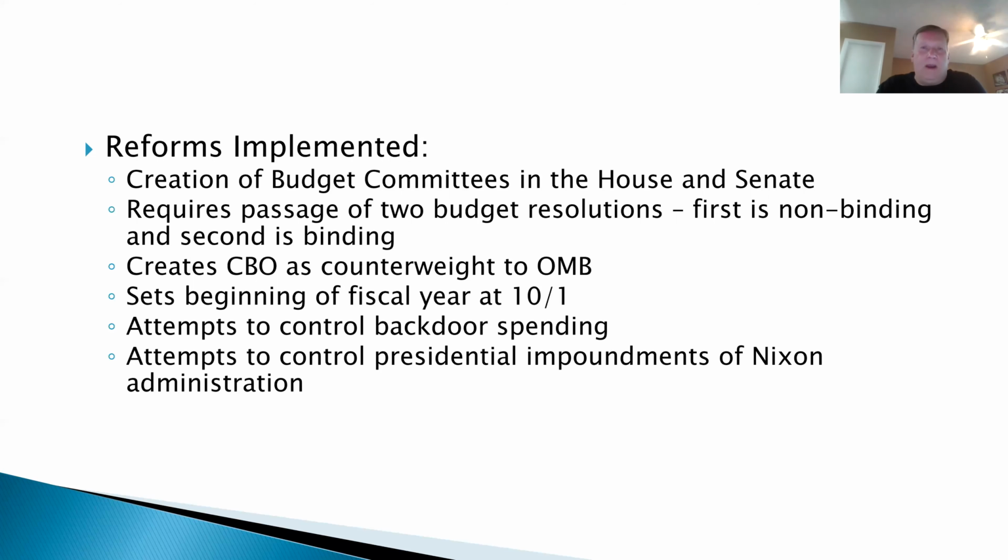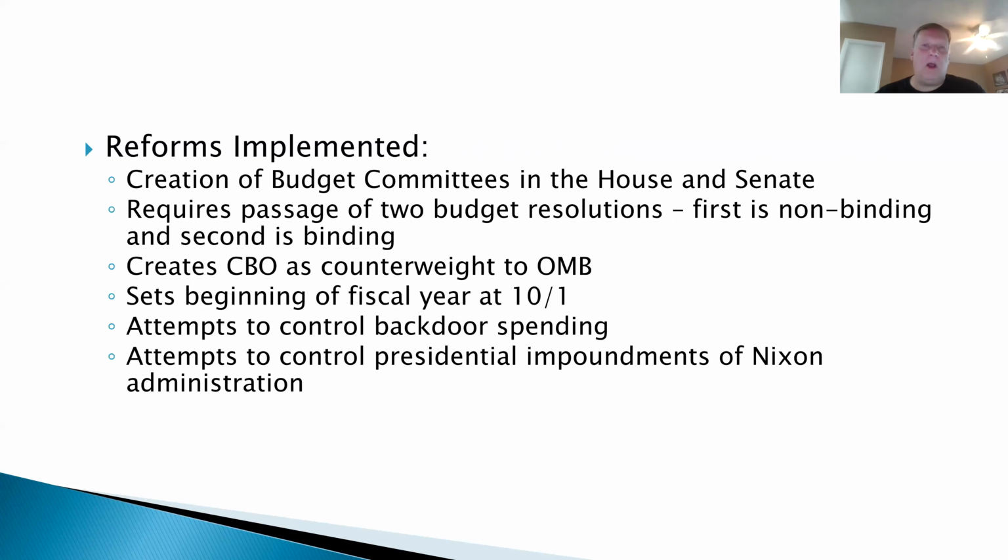Why? Because you're spending less money and it makes your federal budget look better as you stand for re-election in November. So a lot of these things obviously have some very strong political motivations. But they want to try and control some of that to, again, try and rein in the federal budget process. And then finally, they wanted to try and control the president in this process known as presidential impoundments.